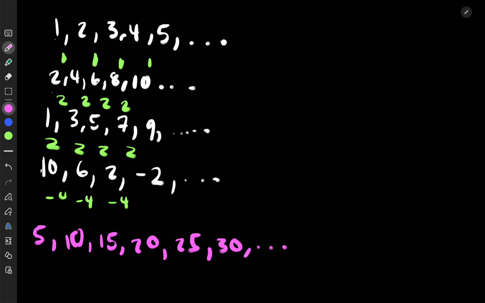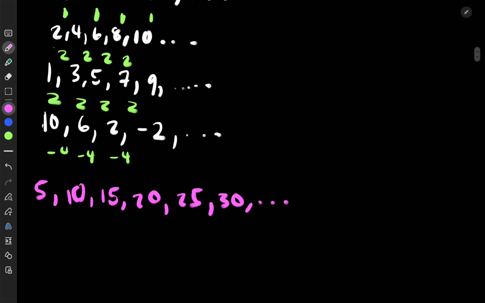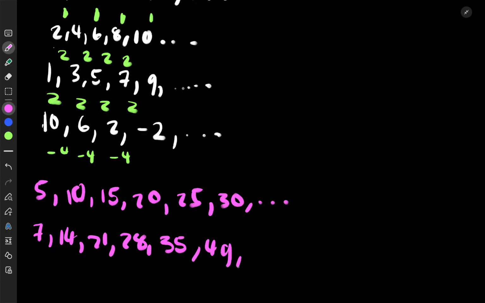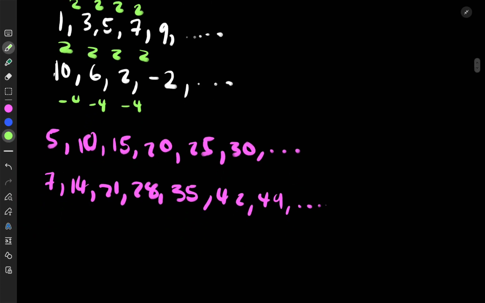The moment you see a multiplication table of anything, even for 3, even for 7, like 7, 14, 21, 28, 35, 42, 49, it keeps going on. This is definitely an arithmetic progression, because if it's the multiplication table of 7, the values are all separated by 7. 14 minus 7, 7. 21 minus 14, 7. 28 minus 21, 7.